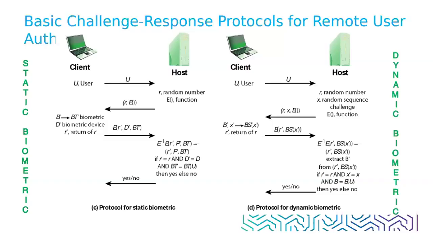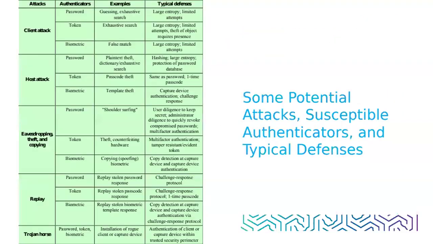Modern protocols like Kerberos, secure challenge-response mechanisms, and encrypted communications like TLS and HTTPS build on these principles to provide secure authentication over untrusted networks. There are some potential attacks, susceptible authenticators, and typical defense mechanisms, given in this table in a categorical way.